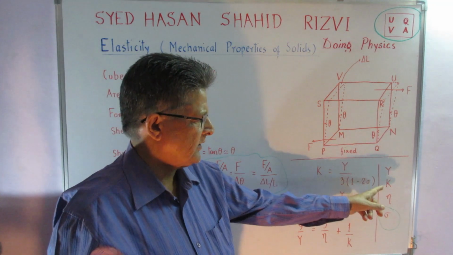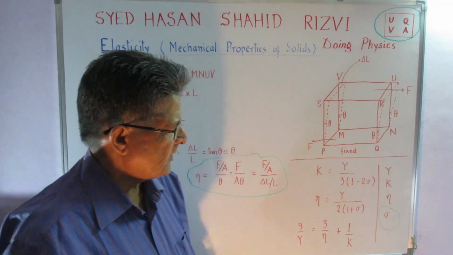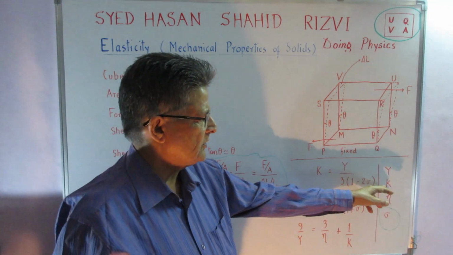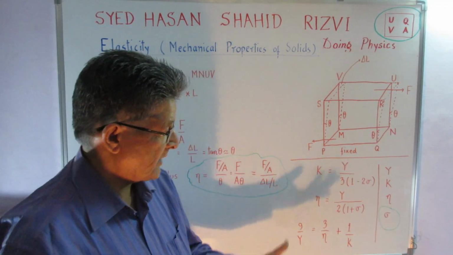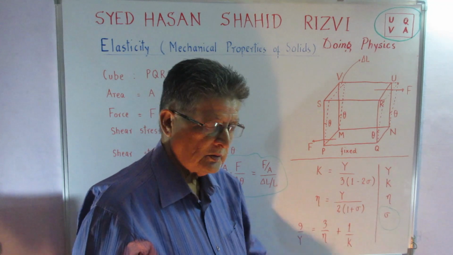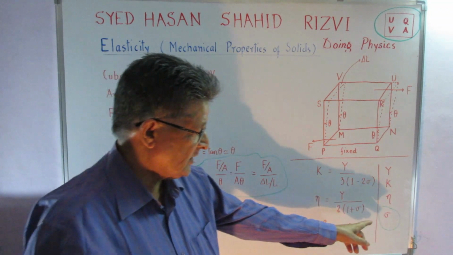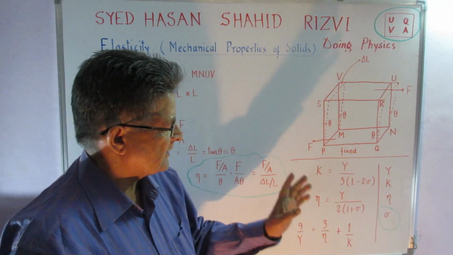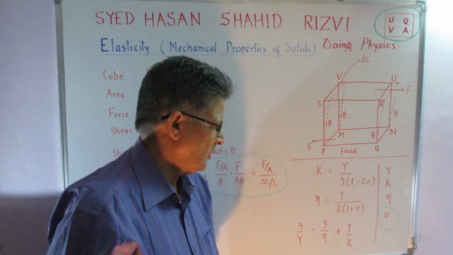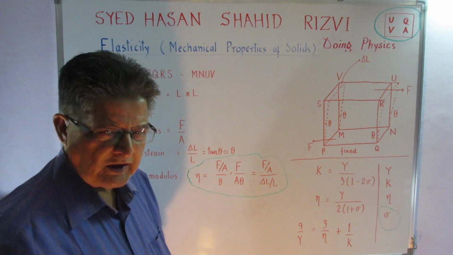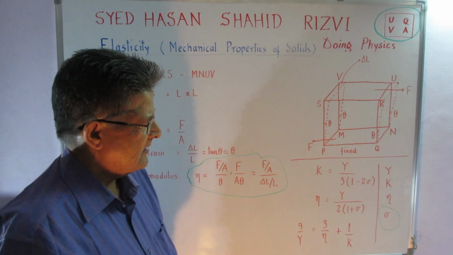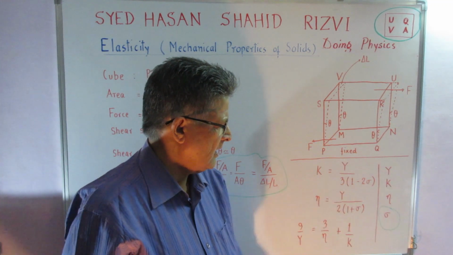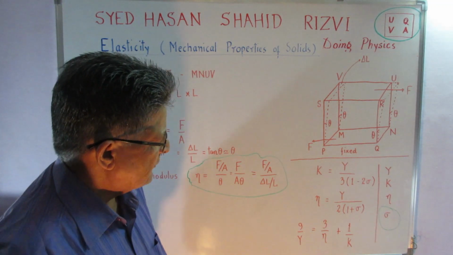All these Y, K and eta have dimensions M L T to the power minus 2 divided by L square, that is, they all have the unit of pressure. Sigma, of course, is a number, and this number is less than 0.5. It depends from material to material, and the value is normally between 1/4 to 1/3, as I told you.